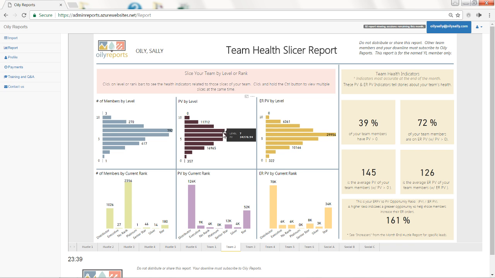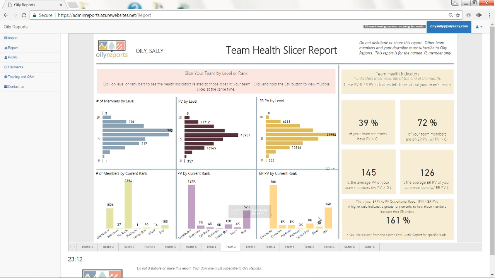So automatically level 7 is highlighting itself to me that the strength of the team is likely weakening at that level. Whose responsibility is that? Well, a lot of that responsibility lies on the level 6 leaders. You might be able to strengthen them and strengthen their downline.